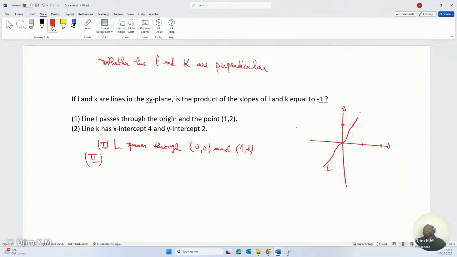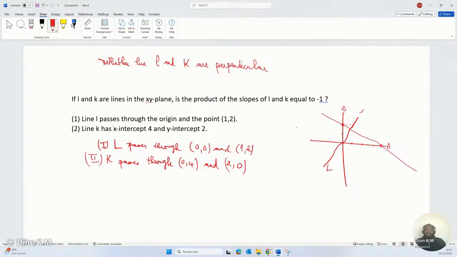Something like this. So this simply means that K passes through x-intercept 4, and y-intercept 2. These are the 2 points that K passes through. So it's something like this.